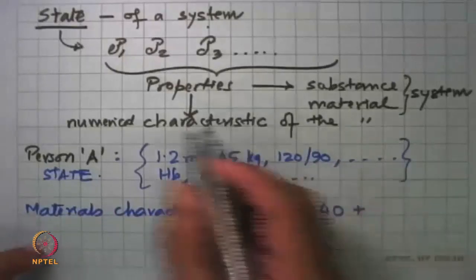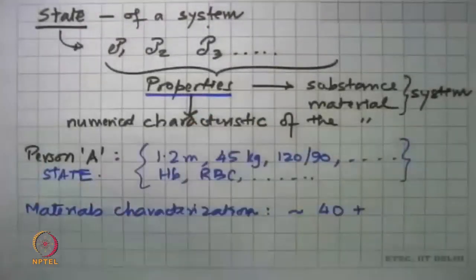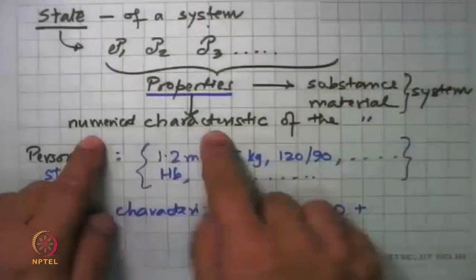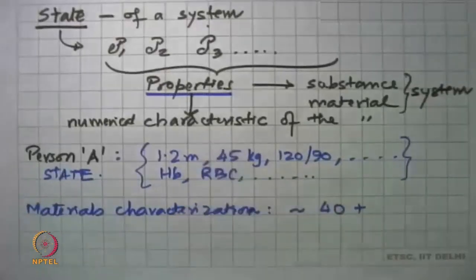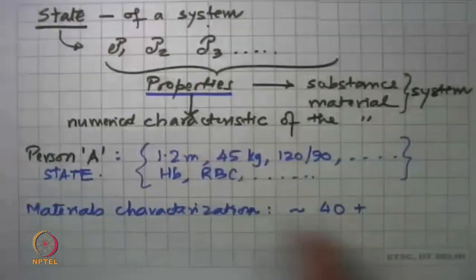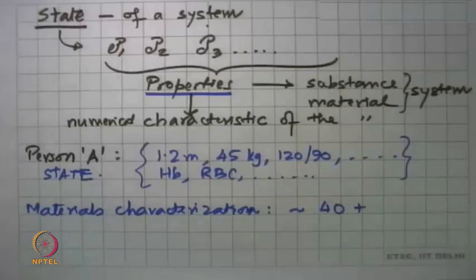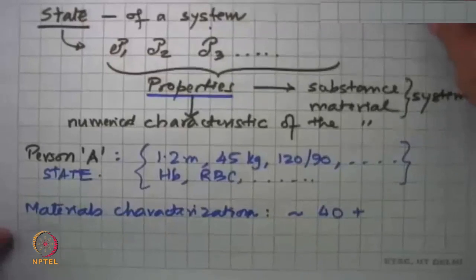And since we did not put any restriction on what that property is, anything that you can put a numerical value on, a characteristic of the material, is a property. So this gives a very large number of properties, some of which are useful in this course, some of which are not.